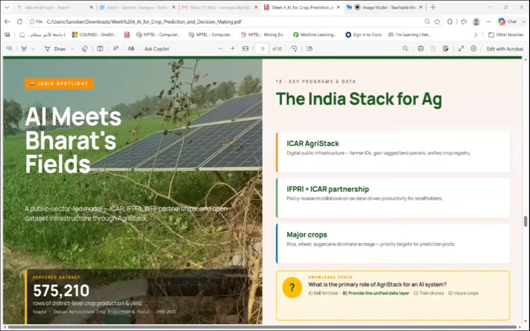The knowledge check question asks about the agricultural stack's primary role, and the best answer is to provide a unified data layer. Right? So from there, we are going to fetch the features that are required. This is like a database from which you have a shared foundation involving all the farm identities, land information, crop records, and agricultural services in the agricultural stack.